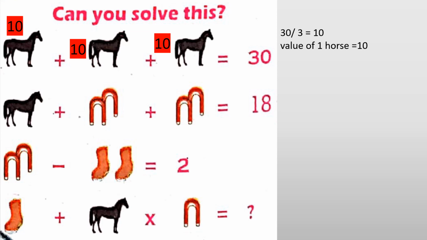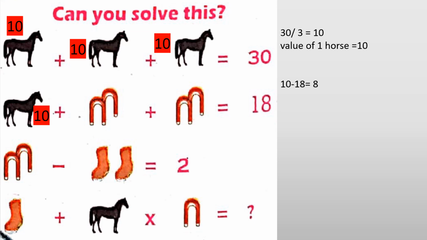Now in the second row, as we know that the value of one horse is 10, if we subtract the value of one horse from the answer of the second row, we will get 8.